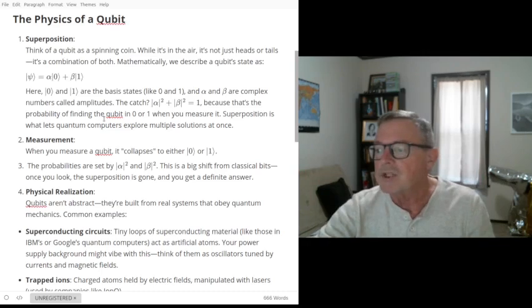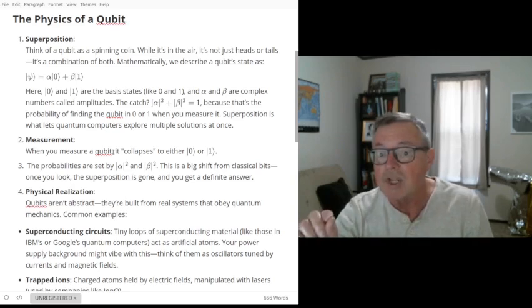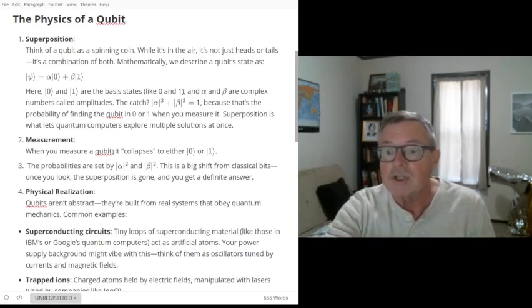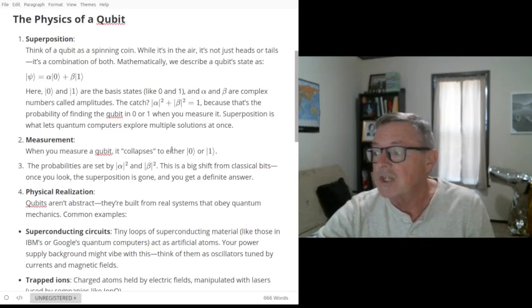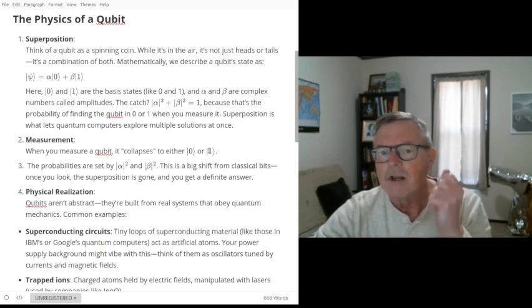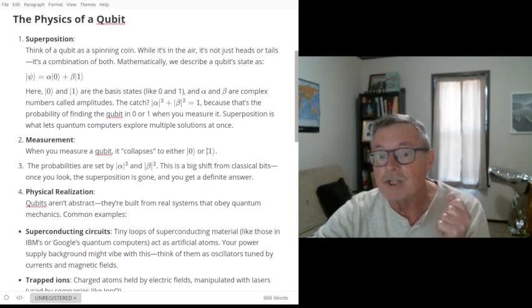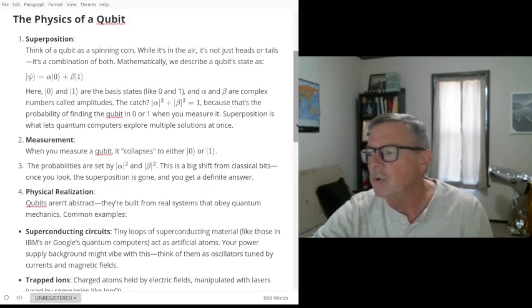Now let's go on to measurement. When you measure a qubit, in other words, you actually go in there and say, I'm going to take a measurement of it, all of a sudden it's either a 1 or a 0. So as soon as you measure it, you've got absolute certainty of where it is. Until you measure it, it could be either; that's the probability thing. So let me scroll down here.